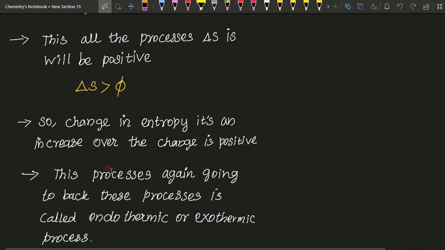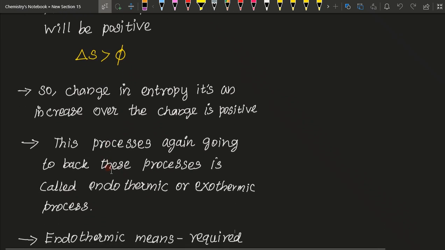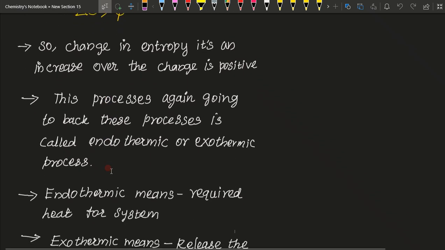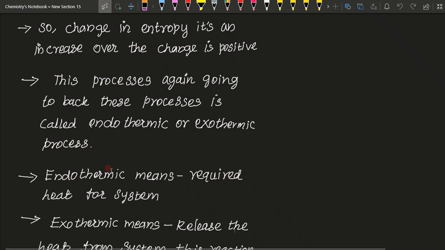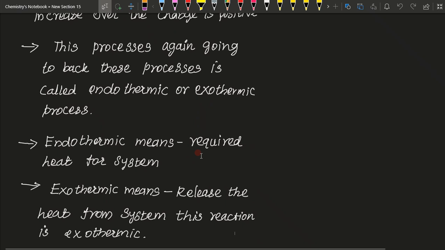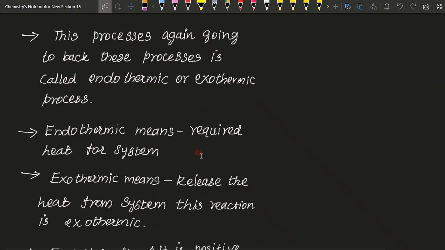This process again going backward is called endothermic process. If going forward, it is called exothermic process. So endothermic means heat is required for the system.